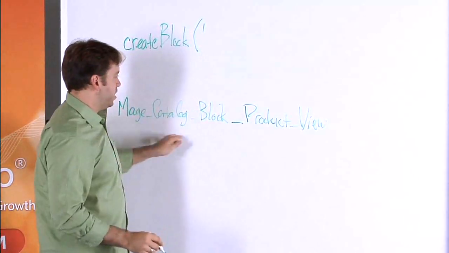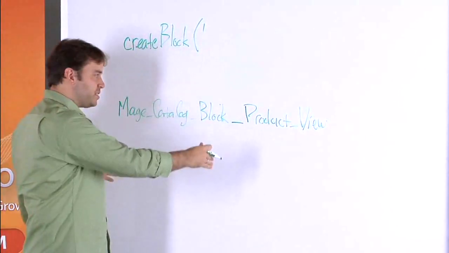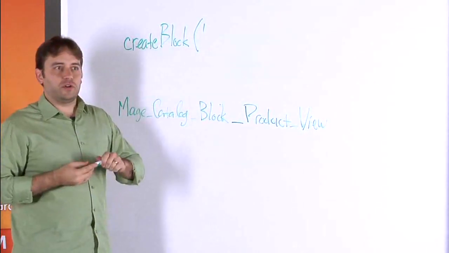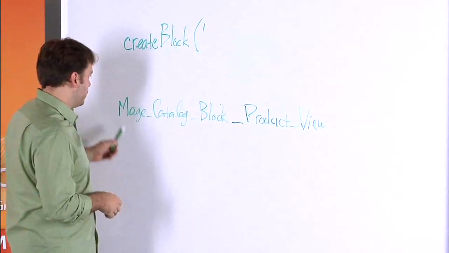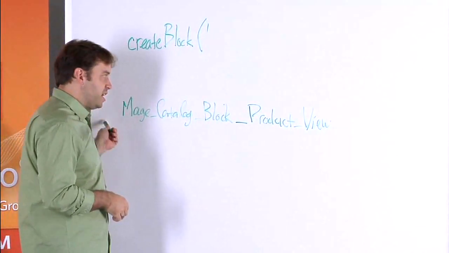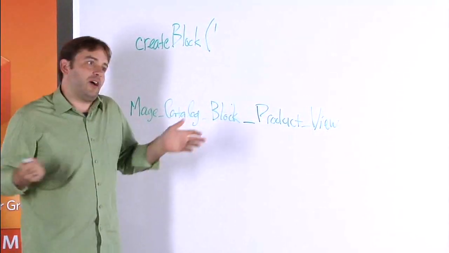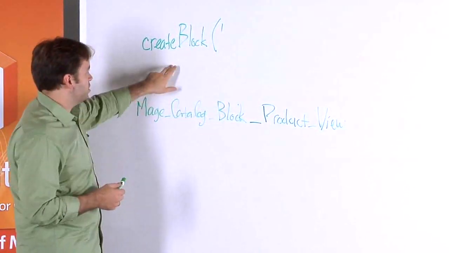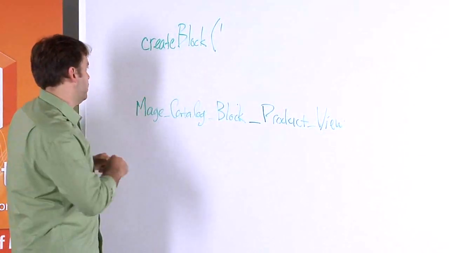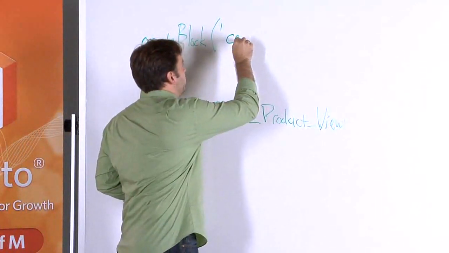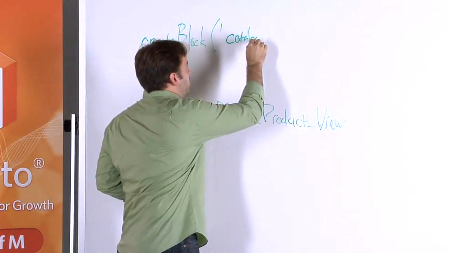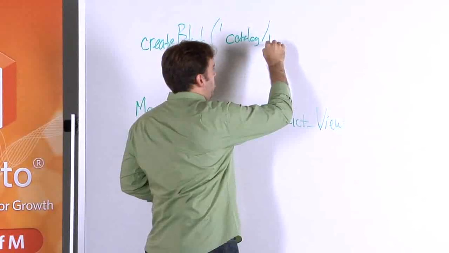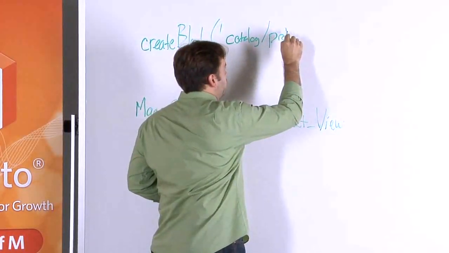So, Mage catalog block product view. That's a class name, and because of the way the autoloader works in Magento, the class name effectively becomes a file path. We'll look at that. So what that looks like when we're doing a createBlock is this: catalog, product.